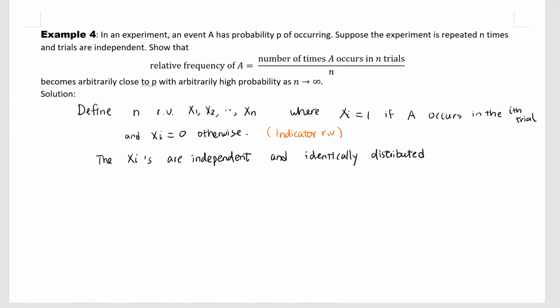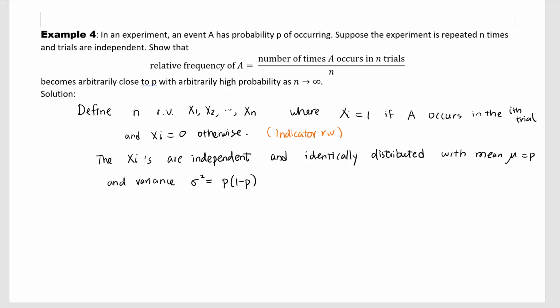Okay, with the mean mu, which is P, and the variance sigma square equals P times 1 minus P. Why is that?